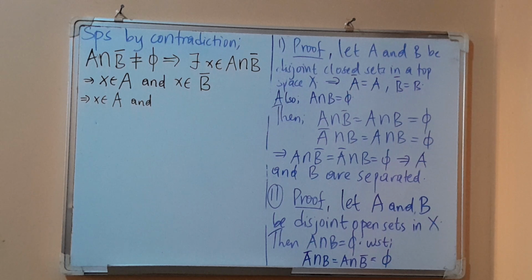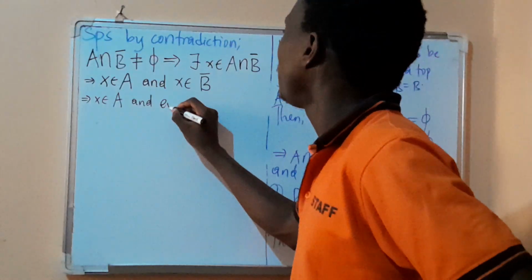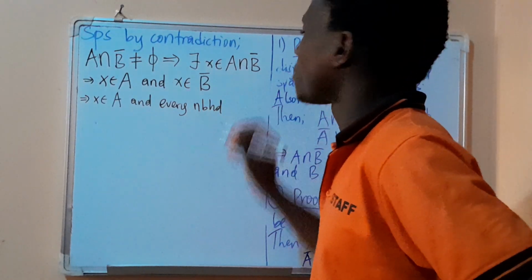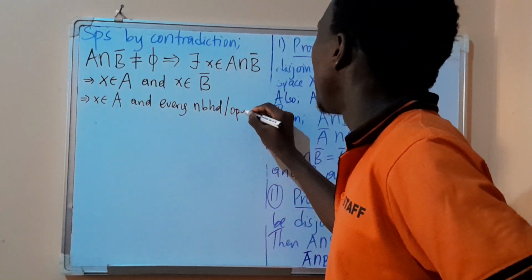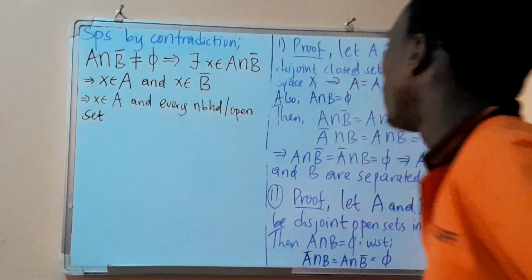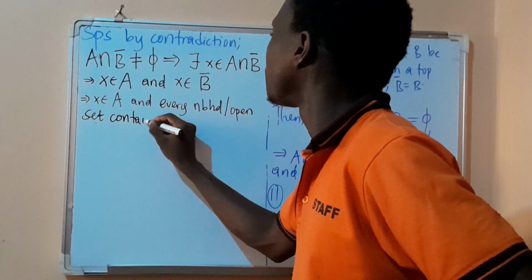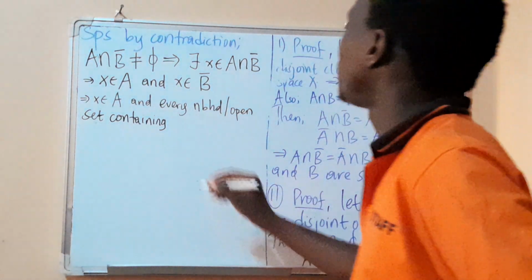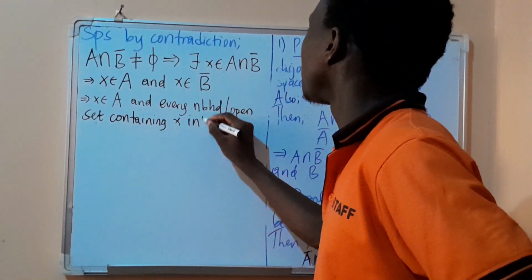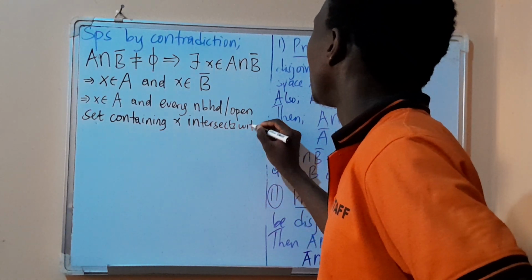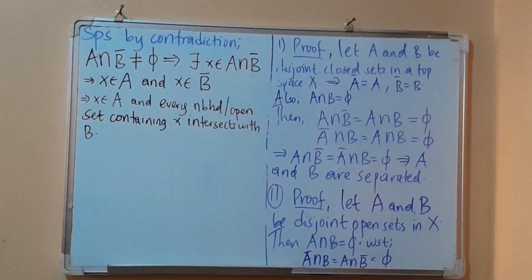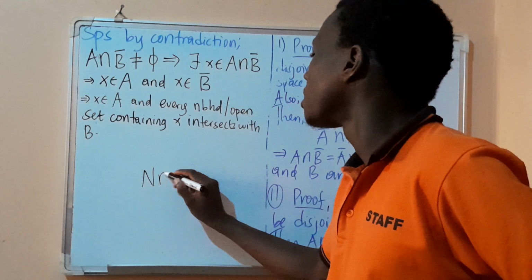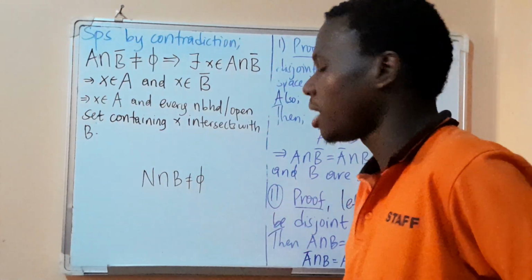If X is in the closure of B, by definition, every neighborhood or open set containing X intersects with B. A point is in the closure of a set if every neighborhood N of X meets B, as in this intersection shouldn't be an empty set.